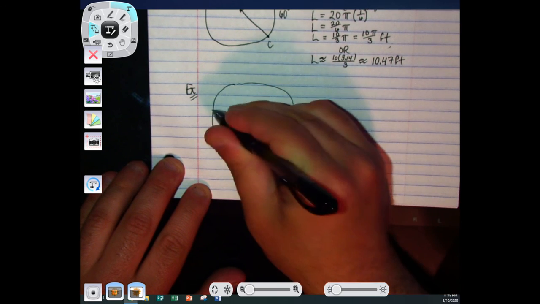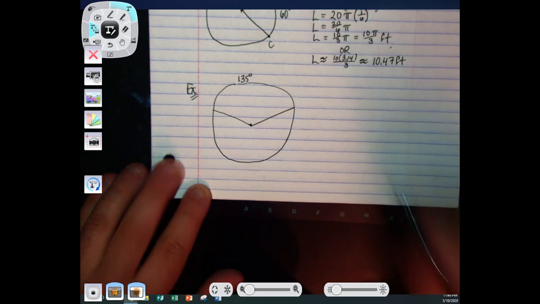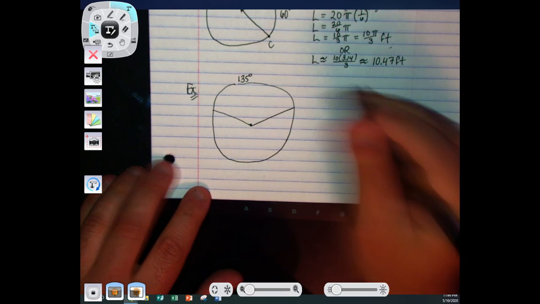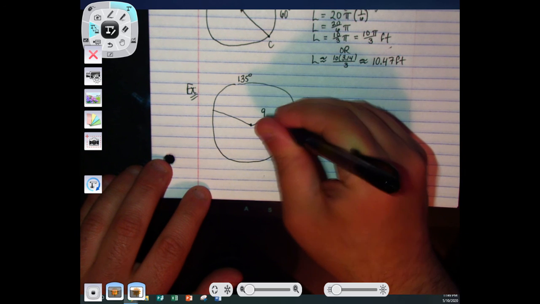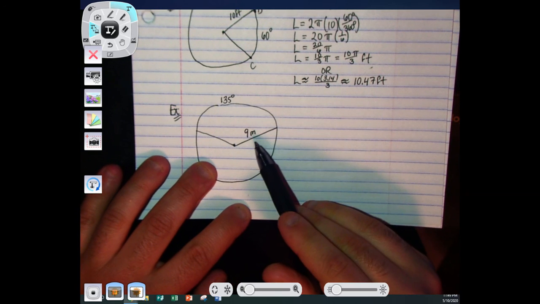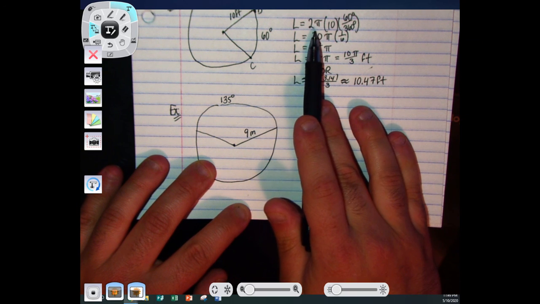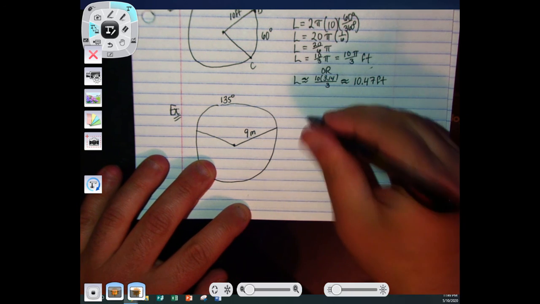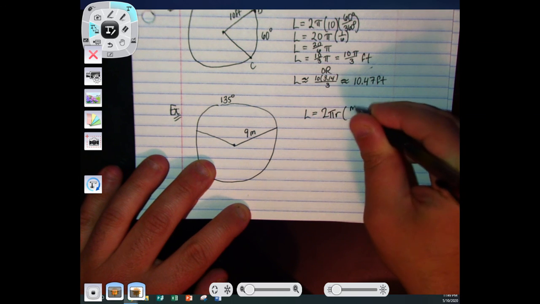I'm going to look at the arc and say that this is 135 degrees, and that the measure of the radius is 9 meters. Same idea. We know the radius and we know the measure of the arc in degrees. To find the length of the arc, we use the formula L equals 2 pi r times m over 360.